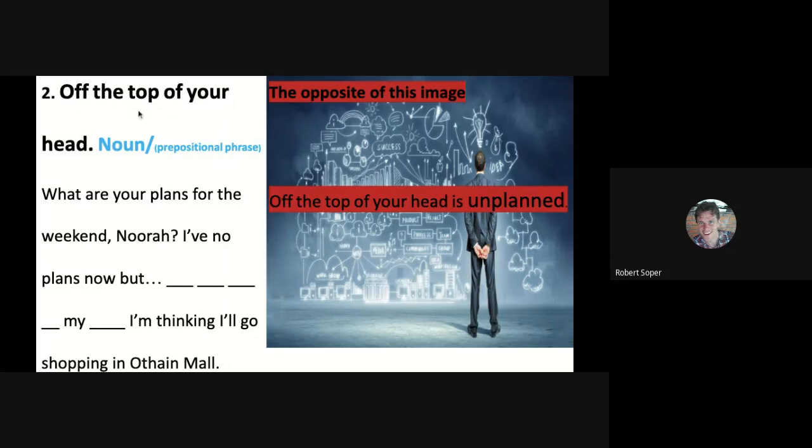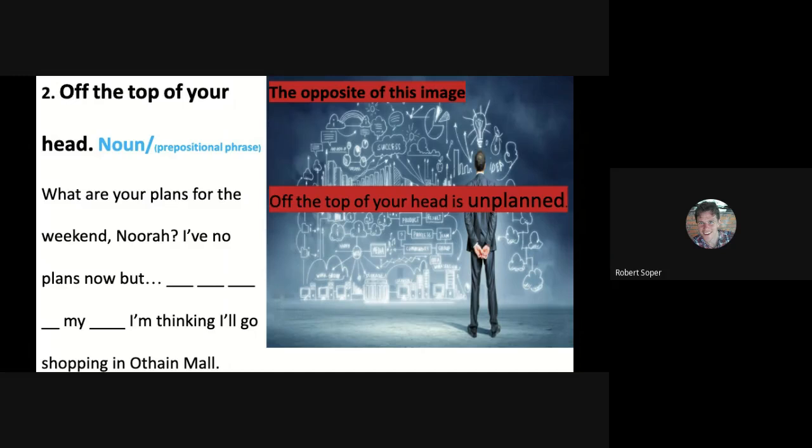No, off the top of your head is a prepositional phrase, and it basically means that whatever comes to you comes in an unplanned way. So if something's off the top of your head, it's spoken without thought or planning beforehand.